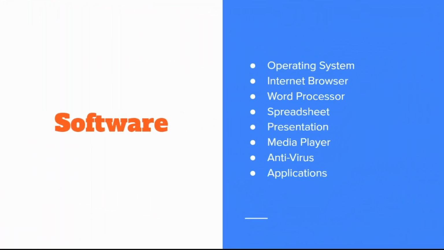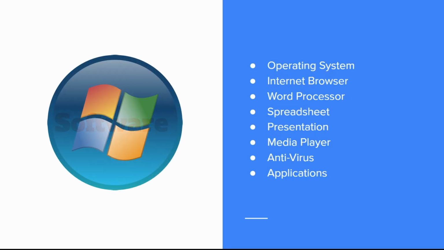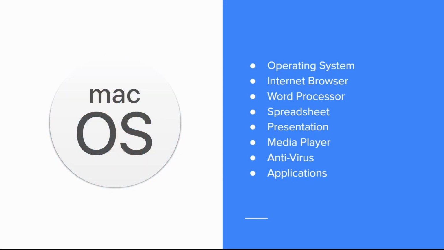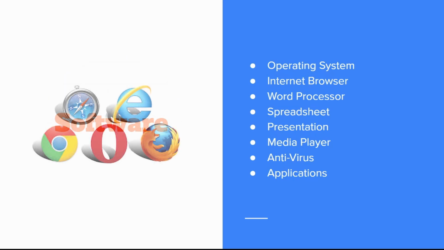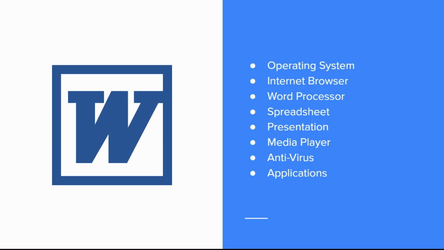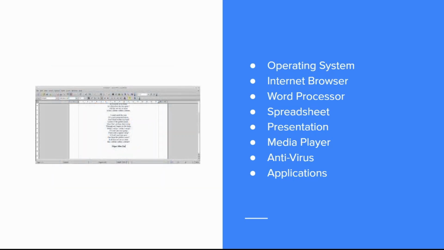Now we go to the different softwares. The softwares are the ones that tell the computer what to do. These are the programs that can help in our daily work. There are different types of software. The first is the operating system, and the one that we're using is Windows. Next, the internet browser, where we surf. The word processor is like a typewriter.